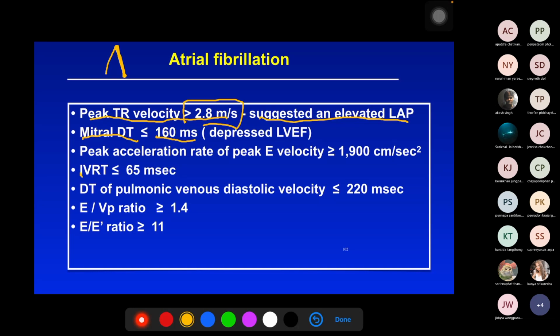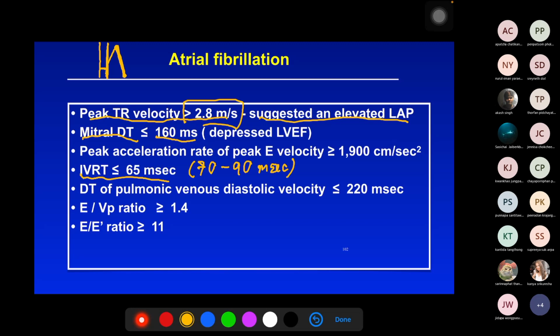Or you use the IVRT. IVRT is the timing from the end of the T wave to the onset of the E wave. The normal number is about 70 to 90 milliseconds.